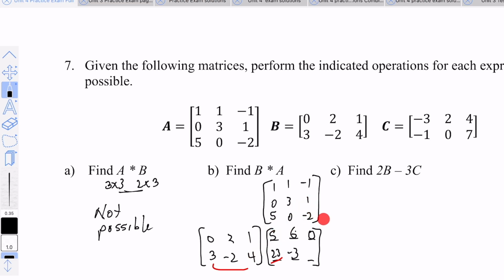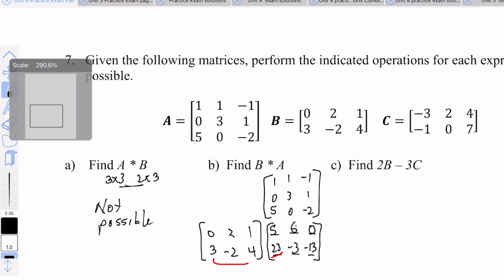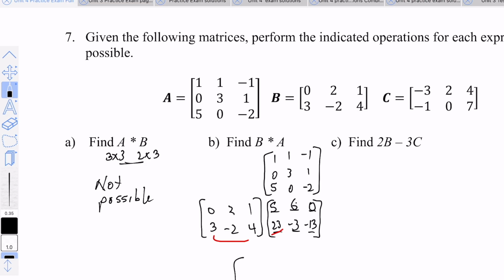So we have -3 plus -2, which is -5, plus -8, which is -13. So the solution there is 5, 6, 0, 23, -3, -13.